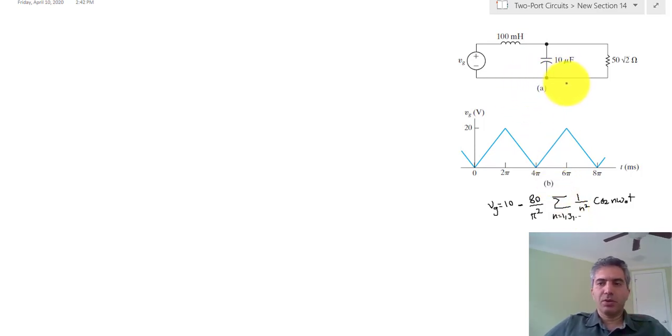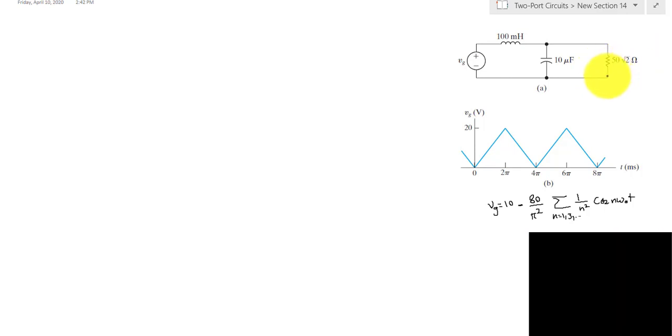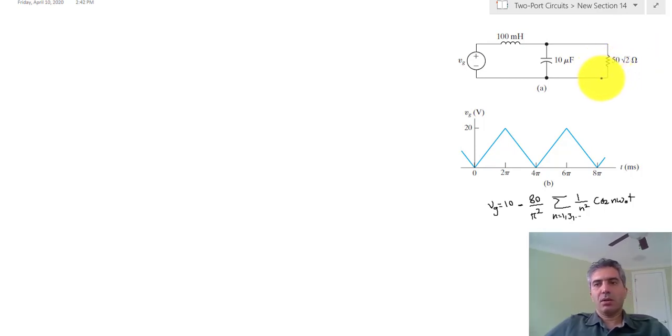Now, specifically in this example, the question asked is: what is the average power that is delivered to this resistor? That question may sound different, but in reality what we're doing is calculating the voltage across this resistor, and then once you know the voltage, you can use the rule for power calculation, which says voltage squared divided by the resistance is the power.